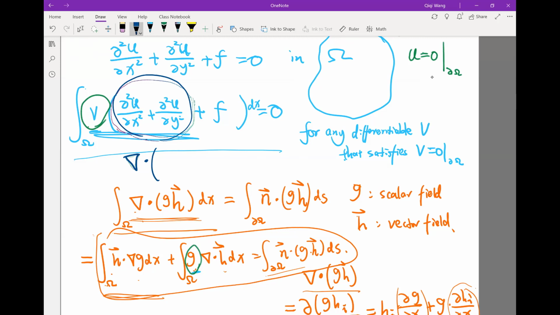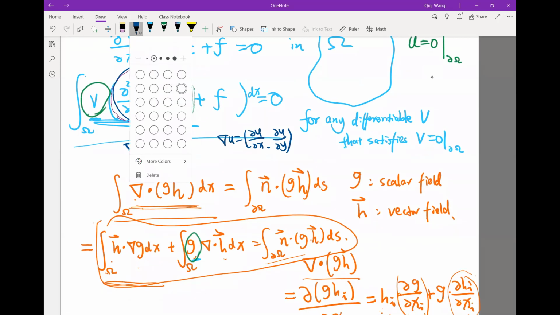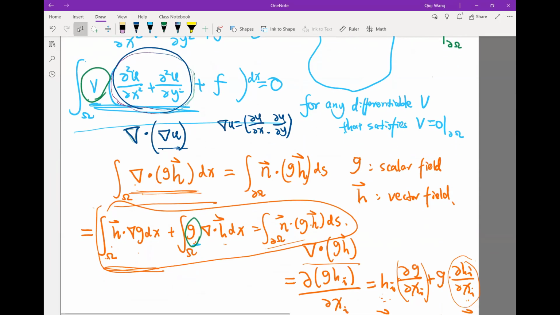So it's the divergence of the gradient of u. Because the gradient of u is partial x, partial y, right? So now we have this term, the gradient of u is now corresponding to our h.